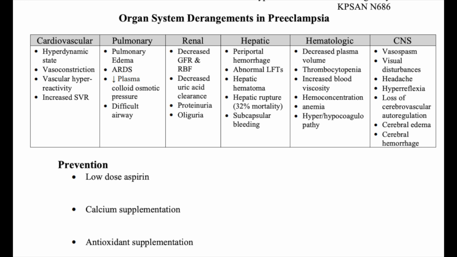Calcium supplementation has been studied for preeclampsia prophylaxis on the basis of observations that dietary calcium intake and the incidence of preeclampsia have an inverse relationship. And lastly, antioxidant supplementation has been investigated because of the oxidative stress observed in preeclampsia.